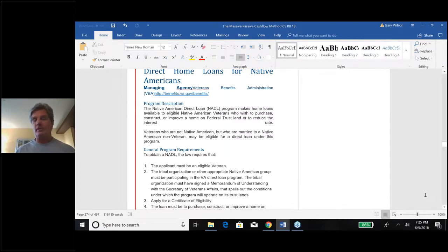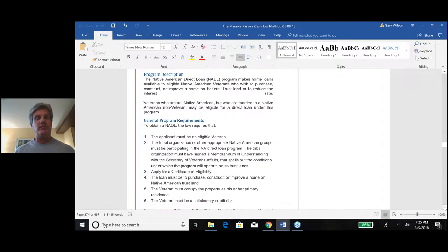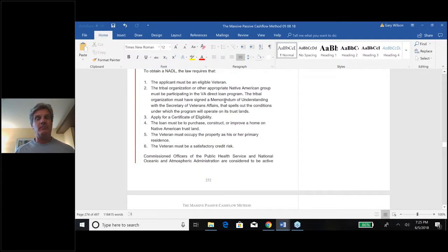As a matter of fact, here are the requirements down here. You must be an eligible veteran. Your tribal organization must be participating in the program. Your tribal organization has to sign a memorandum of understanding with the Secretary of Veterans Affairs, which spells out the conditions.